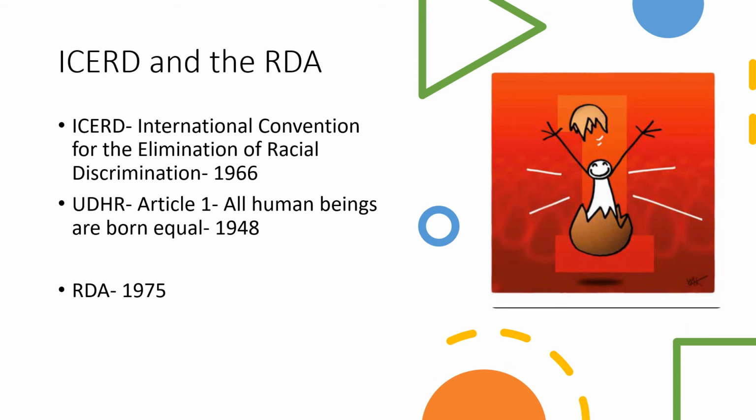So the Racial Discrimination Act is a direct descendant of the International Convention on the Elimination of Racial Discrimination of 1966, which in turn is a descendant of the Universal Declaration of Human Rights, Article 1, all human beings born equal. So you can see how the Declaration, which is an aspiration and not a legal requirement, becomes an international convention, which is a legal document.